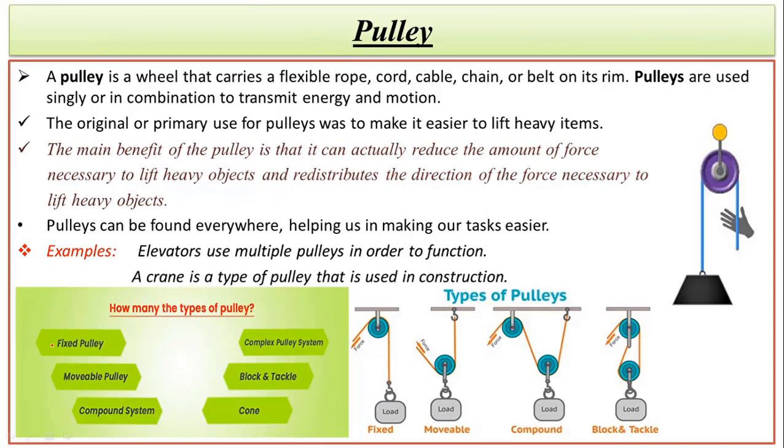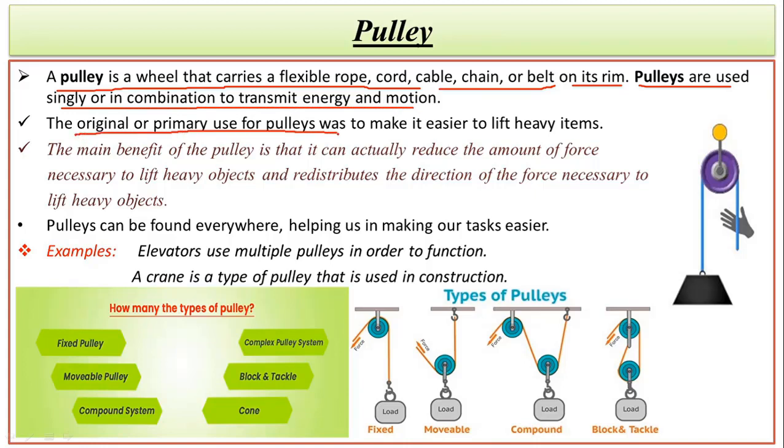Now, let us understand about another simple machine, that is a pulley. A pulley is a wheel that carries a flexible rope, cord, cable, chain or belt on its rim. Pulleys are used either in a single form or in a combination to transmit energy and motion. The original or primary use for a pulley was to make work easier by lifting heavy items.